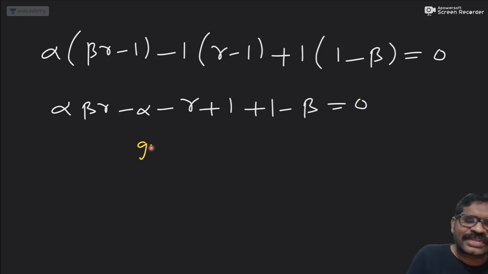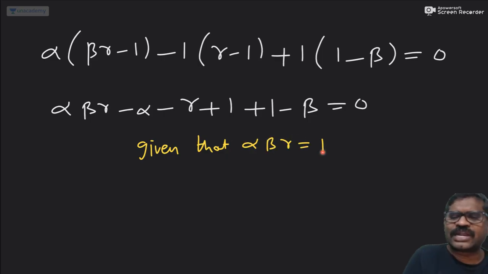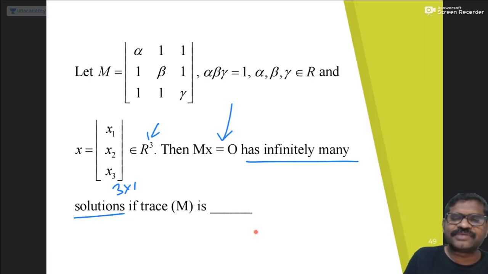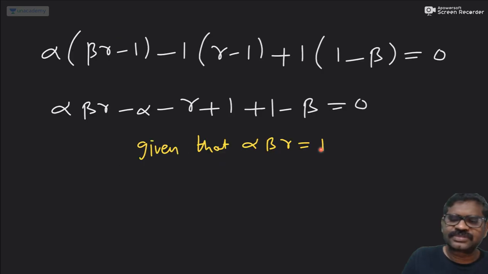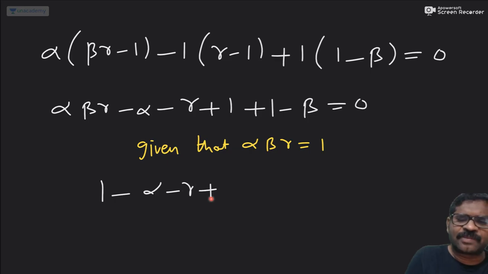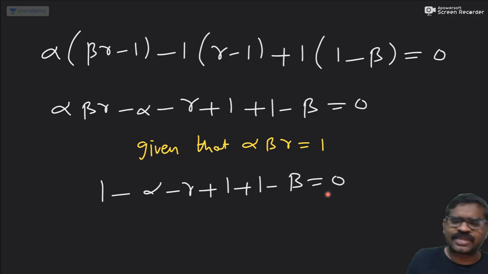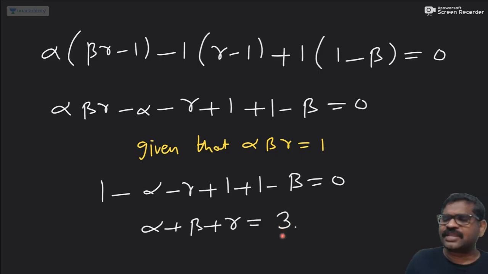Given that alpha beta gamma value is 1, as it is given in the data. Therefore 1 minus alpha minus gamma plus 1 minus beta equal to 0. Therefore alpha plus beta plus gamma equal to 3.